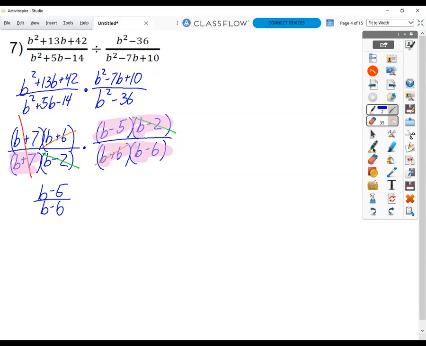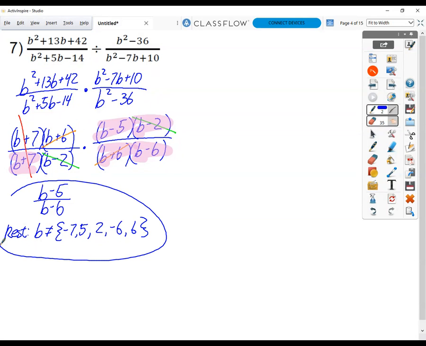So your final answer, the restrictions, since these are all pretty easy to do, is going to be b cannot equal negative 7, positive 5, positive 2, negative 6, positive 6. Looked uglier than it was.